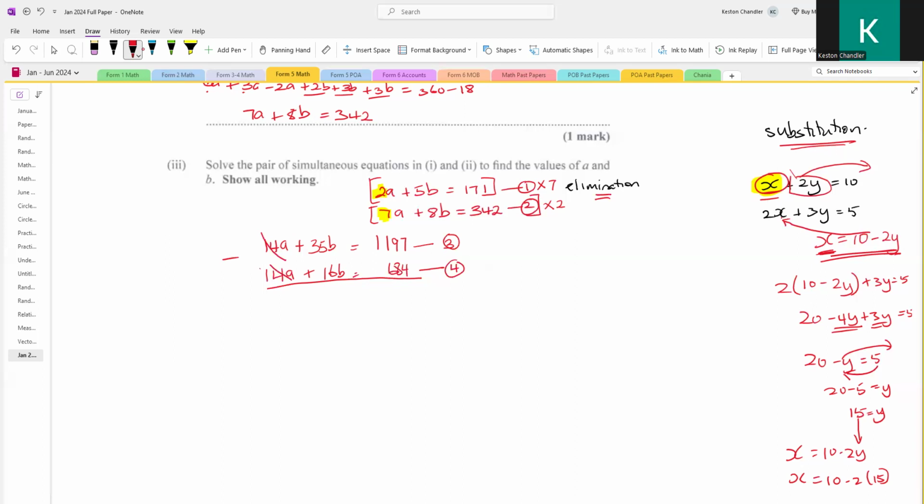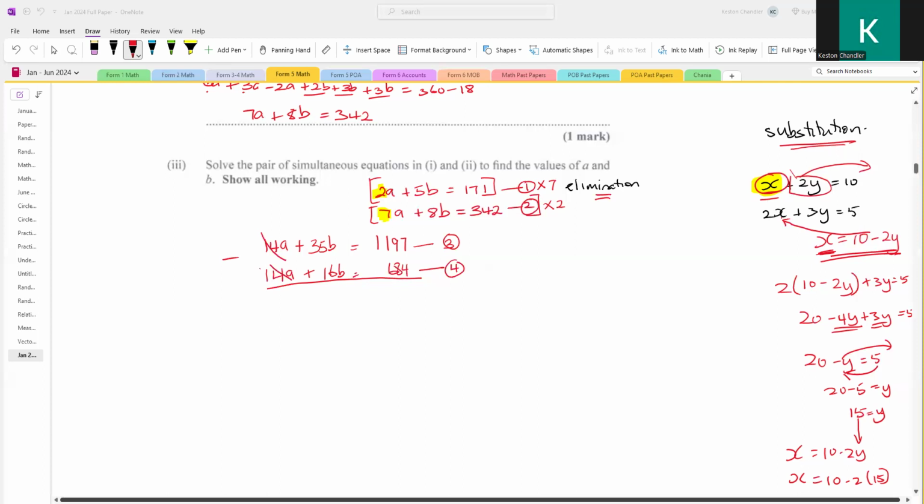Pay attention to your signs. If this was a minus sign here, then it will become 35B minus minus 16B, and a minus by minus will become a plus. Luckily for us, this is a plus sign here. So it will be 35 minus 16. So we're going to get 19B.